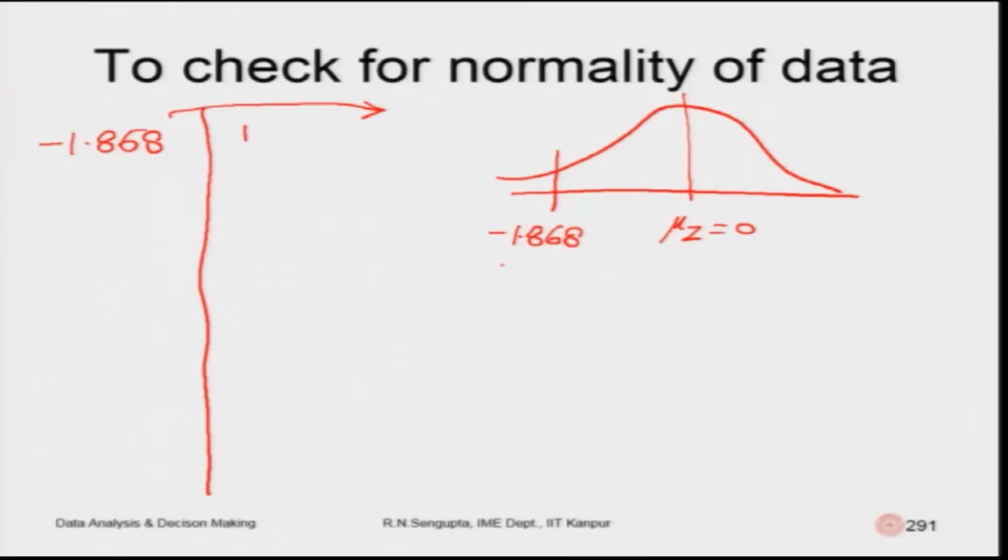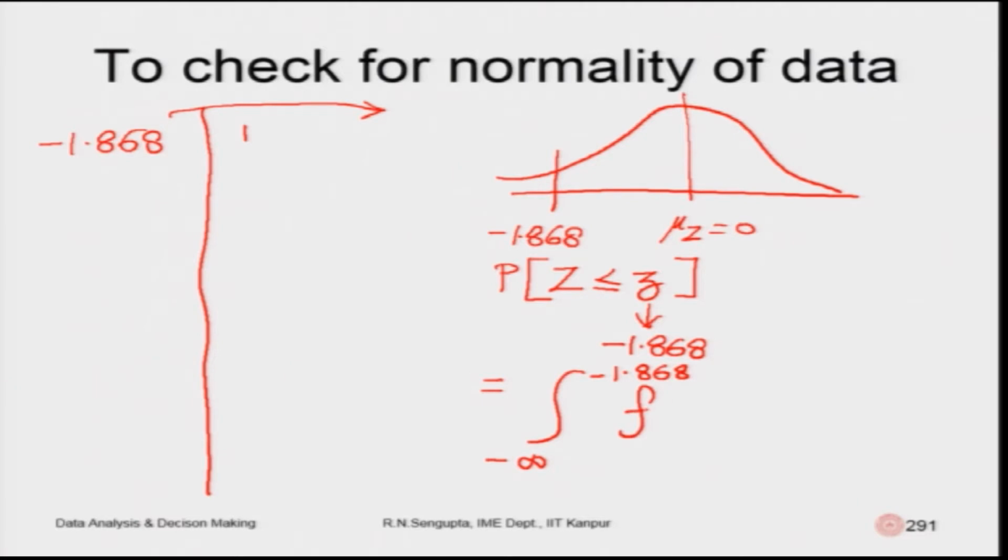That is the probability that z is less than minus 1.86, which is the integral from minus infinity to minus 1.86 of f of z dz.